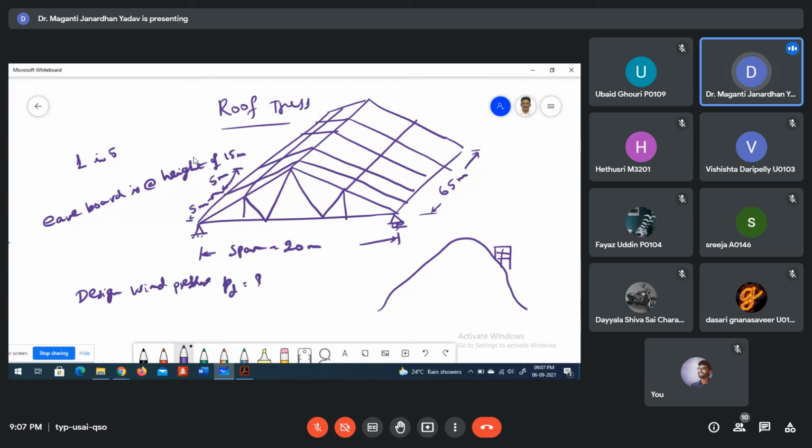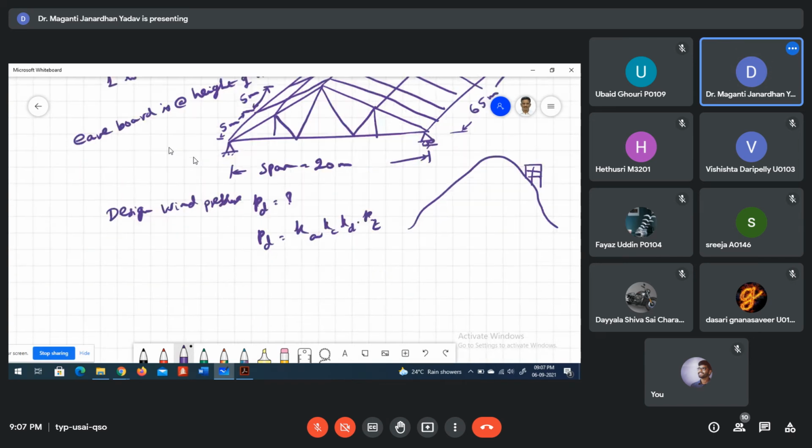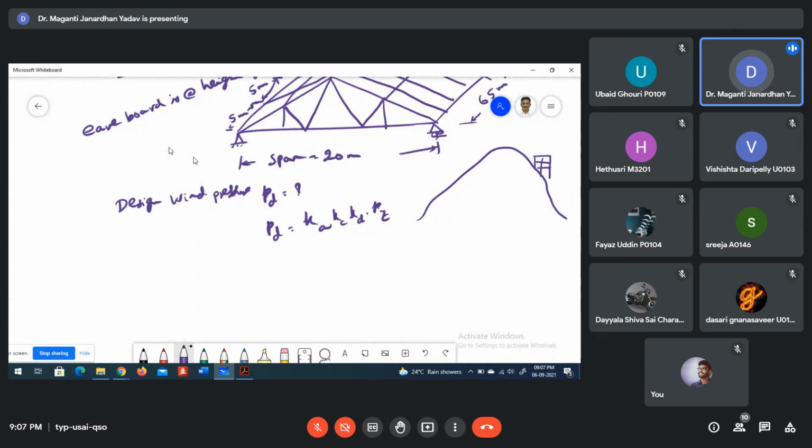Design wind pressure is how much? That is given by Pd equals Ka, Kc, Kd into Pz, design wind speed, where Pz is equal to 0.6 Vz square.